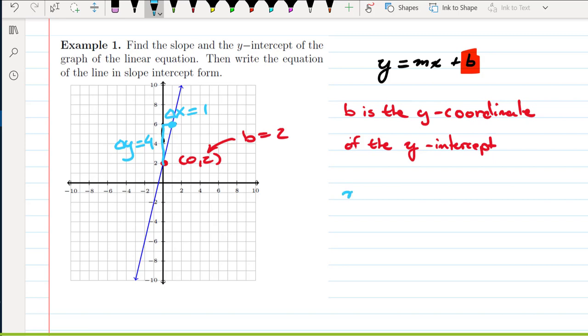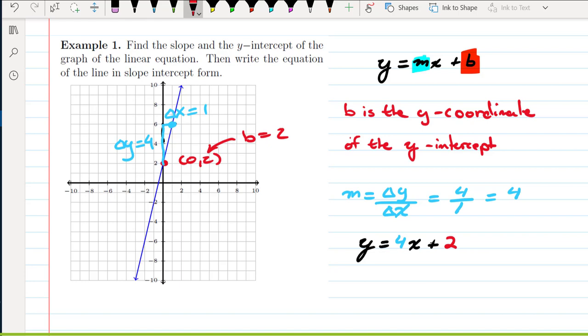So then my slope, m, would be the change in y over the change in x, or 4 over 1, which is equal to 4. So now that we have those two values, we put them into our equation, and our final answer would be y = 4x + 2.